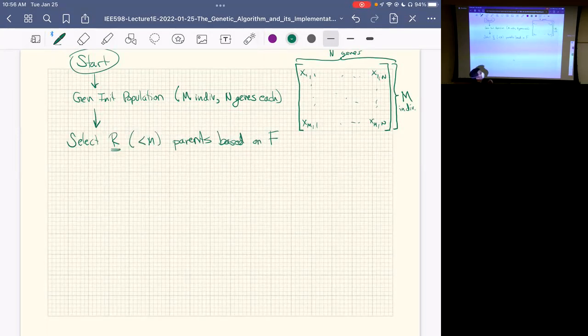So the question is, can the number of genes vary with the individual? To start with, we're going to say that they don't vary per individual, but as we get into unit 2 with genetic programming, you can imagine how different individuals might have different size genotypes, and there still has to be a way to turn the genotypes into fitness.